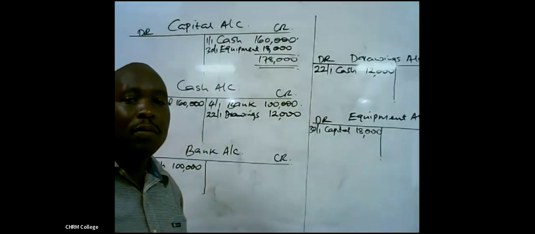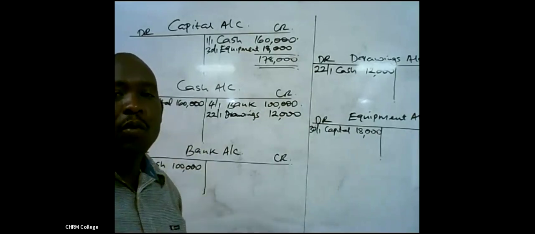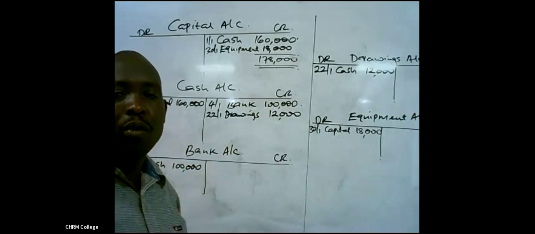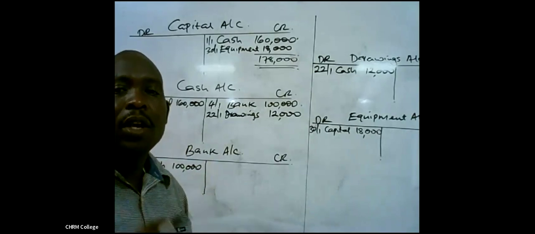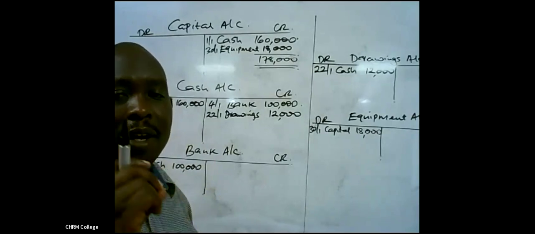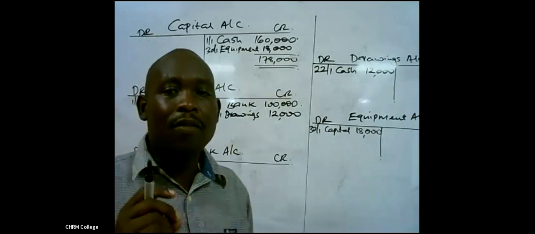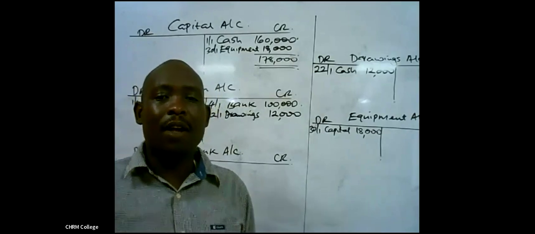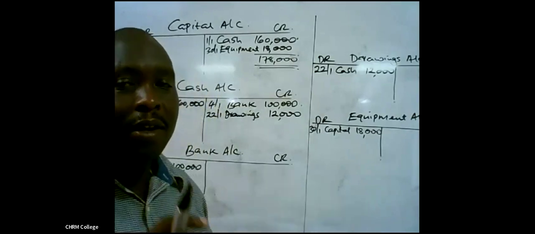The amount that we put on the side which is less, for it to balance with the side with the higher amount, is the closing balance, and we call it balance carried down. At the end of every period, the balancing figure, we call it the balance carried down.